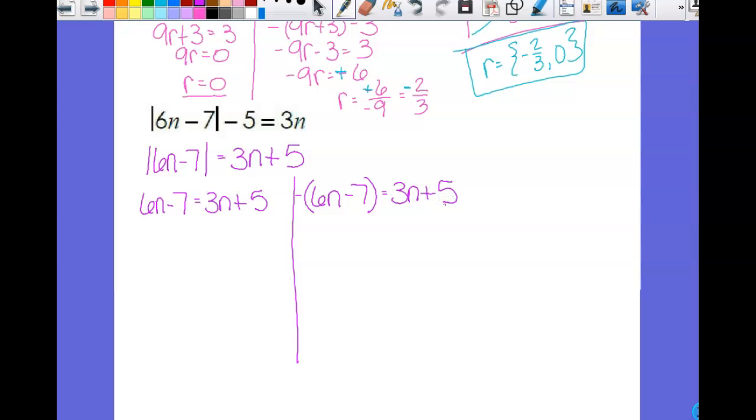So if you want to stop and check at the writing the equations part of it, I'll leave it at this point for just a minute for you to check those before you move on.